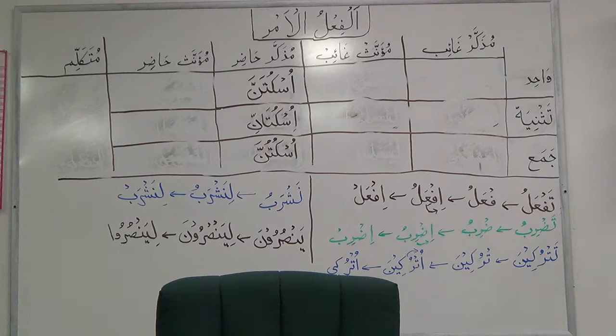Yatruk is also to leave. But I'm saying, like if you're on a ride, to get down from a ride. To dismount. Is it Rakada? No. Rakada is to sleep. But Rakiba, maybe you're thinking to actually get on, right? Okay, well I'll say it. Nazala yanzilu. Okay? Nuzul. You know?